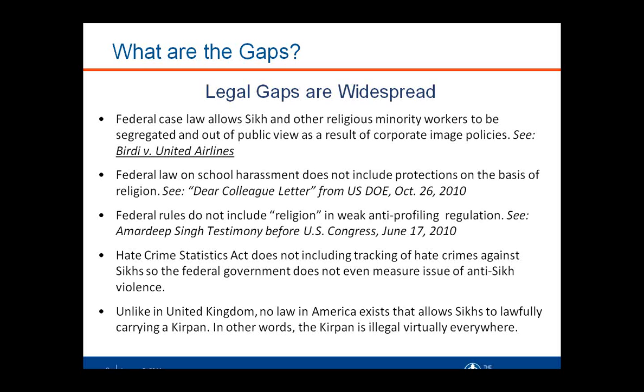The result is that basically any Sikh who carries a Kirpan is always in danger of arrest if their Kirpan is detected, if they're wearing it underneath their clothes. So these gaps are huge. They're significant, and they lead to the dynamic that I've discussed over the last few slides: these threats to those who maintain the Guru-bestowed Sikh identity.